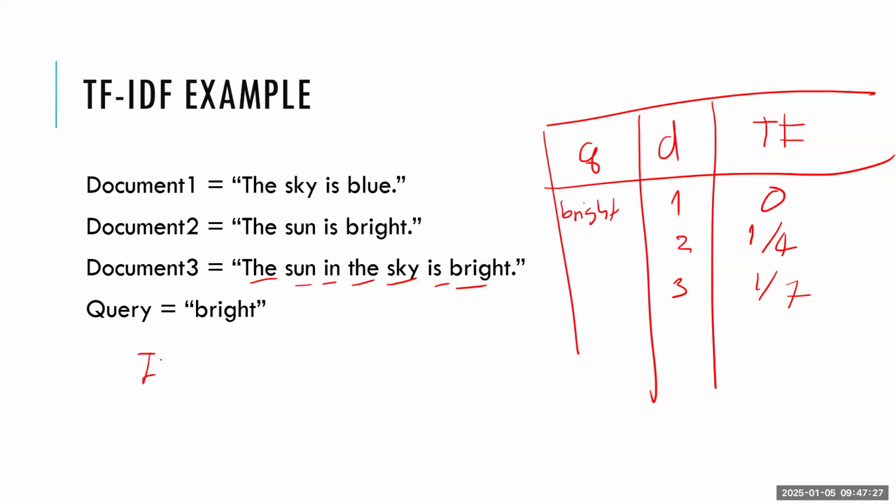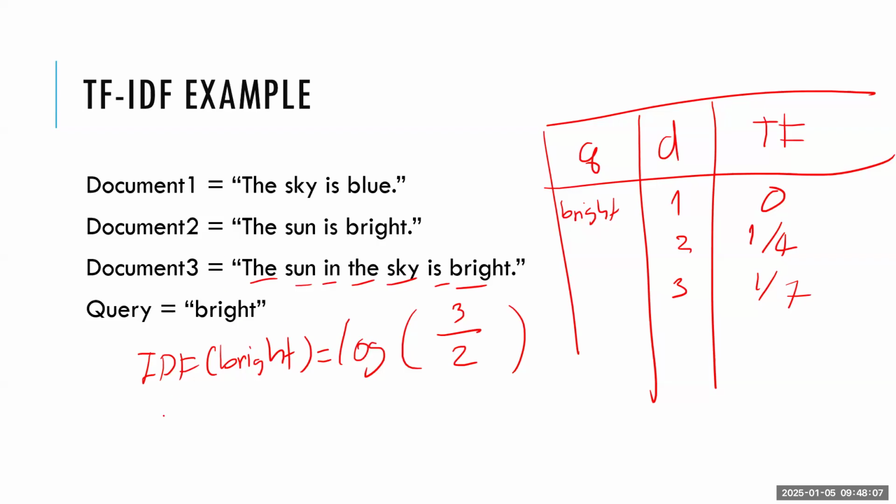What is the IDF of bright? How many documents do we have? We have 3 documents, so the top would be 3. How many documents does the word bright appear in? 2, documents 2 and 3. So you have 3 over 2.